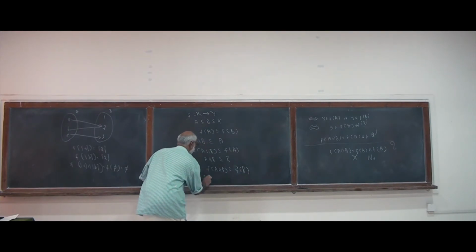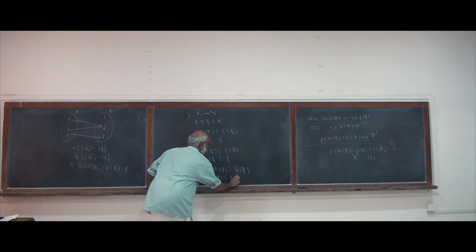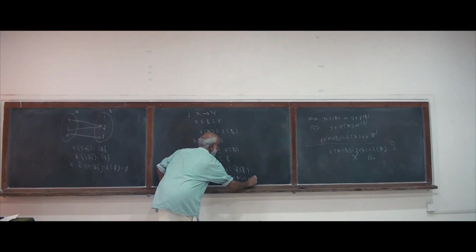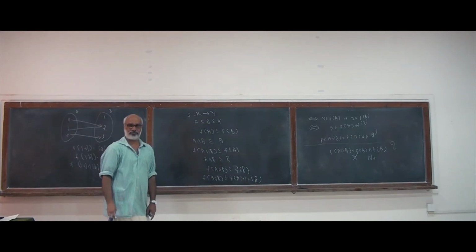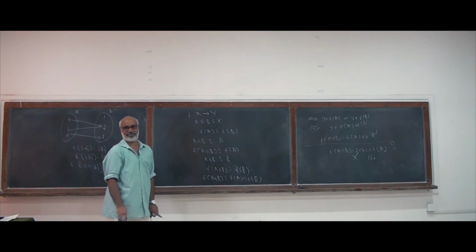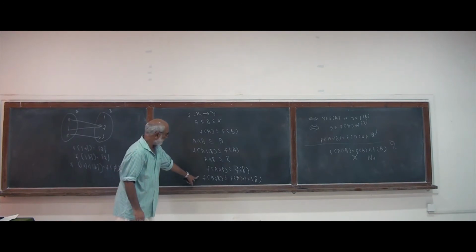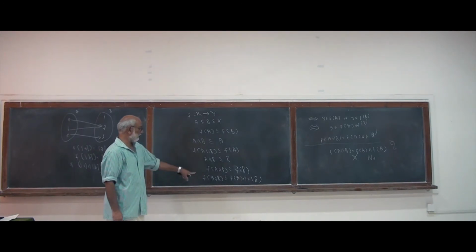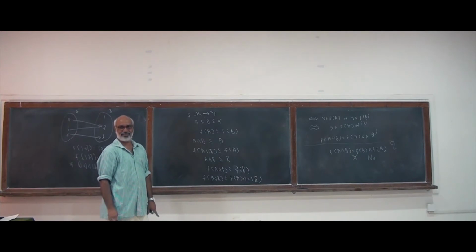Consequently, we get that f of A intersection B will be a subset of f of A intersection f of B.